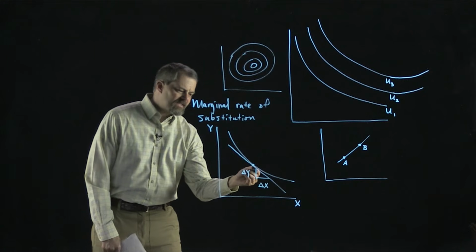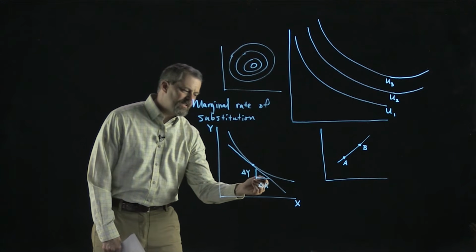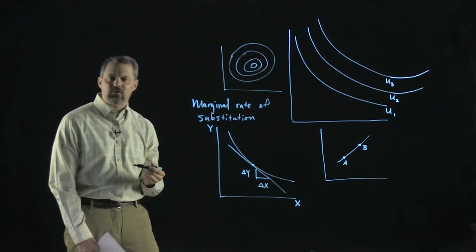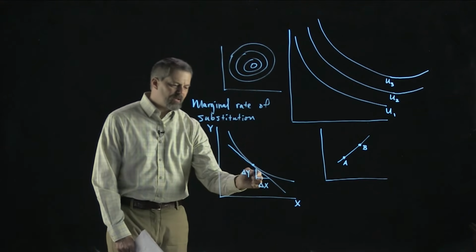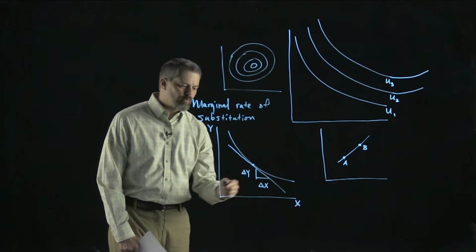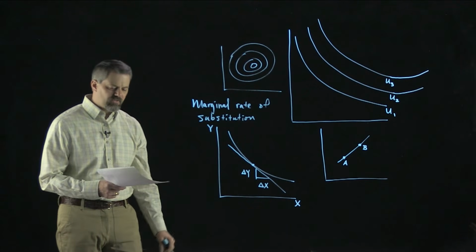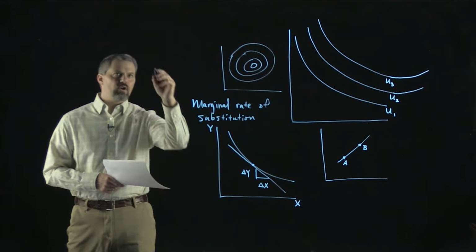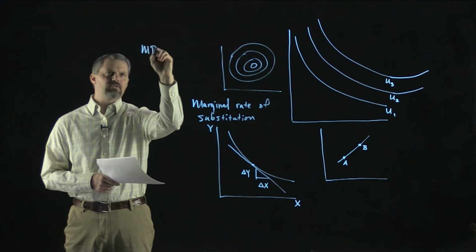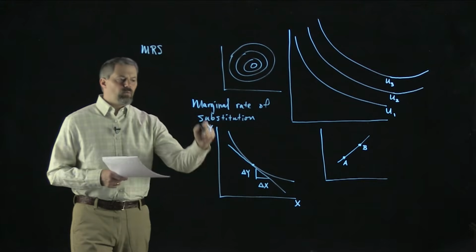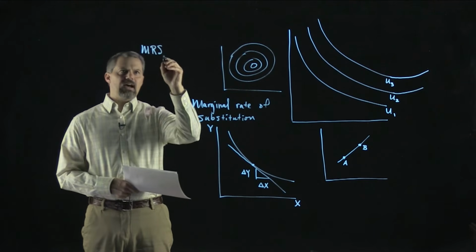If we were thinking about taking good x away and giving them good y, or taking good y away and giving them a particular amount of good x, then we could think about this rise over the run, and the slope of the indifference curve right there is going to be what we call the marginal rate of substitution. Marginal rate of substitution, we always write it with the good on the horizontal axis first.